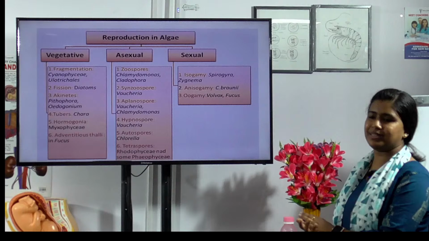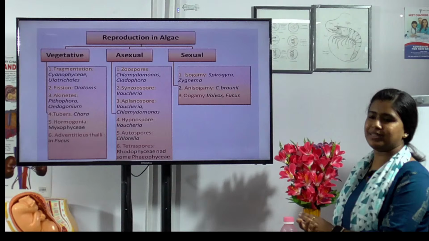Next we are going to see gymnosperms. Gymnos means naked and sperms means seeds, so these are naked seeds. These are plants in which the ovules are not enclosed by any ovary wall and remain exposed both before and after fertilization.